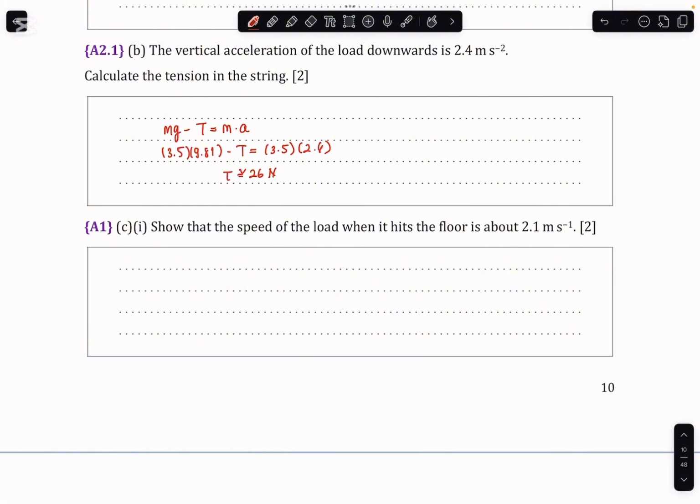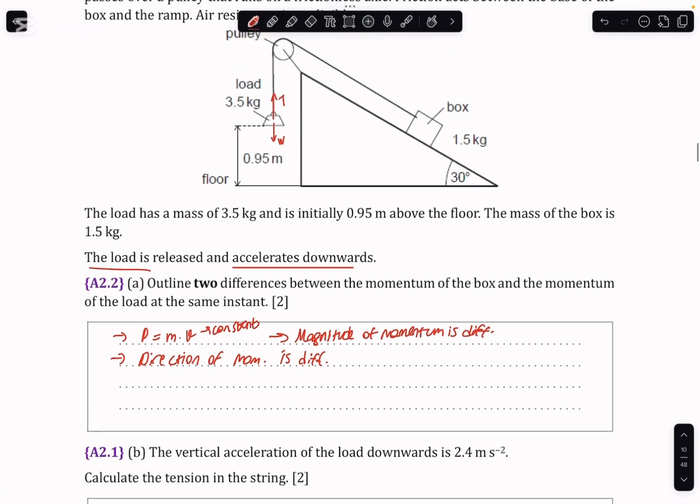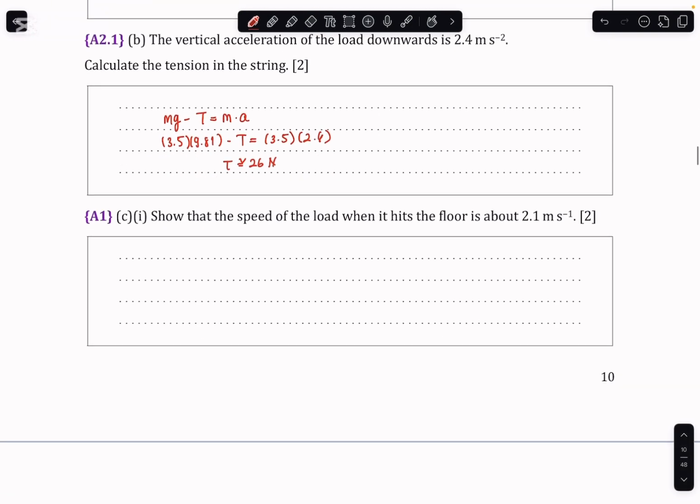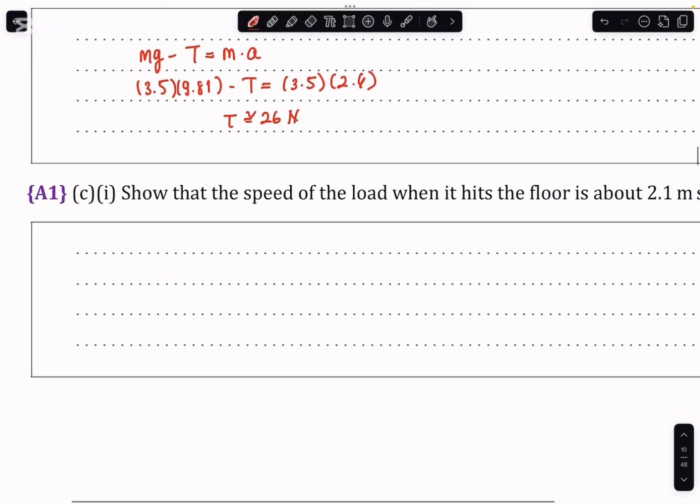Show that the speed of the load when it hits the floor is about 2.1 meters per second. When calculating the speed of the load, we think of it as free fall, because although there is tension from the string, the force that acts on the load so that it accelerates downwards is the weight. So we use v squared equals u squared plus 2as.